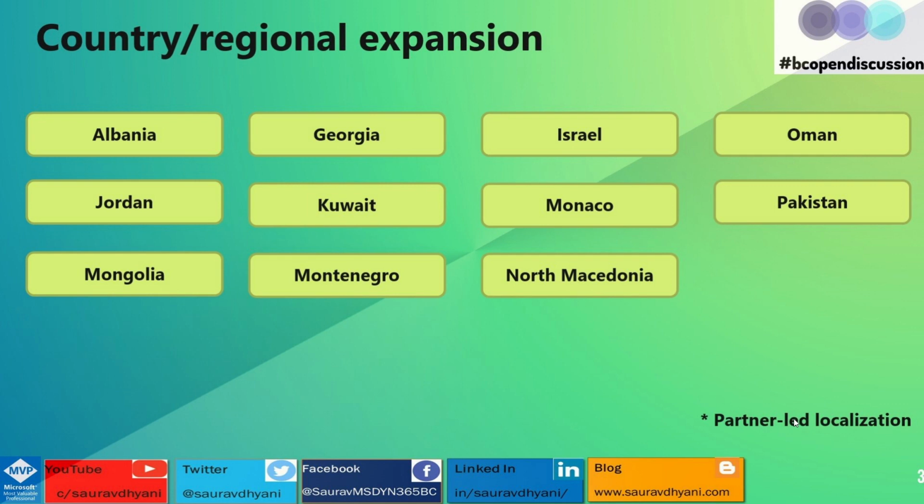And that also gives Microsoft some time to think about the product and enhancing the product rather than spending time and energy on building these local features for different countries.